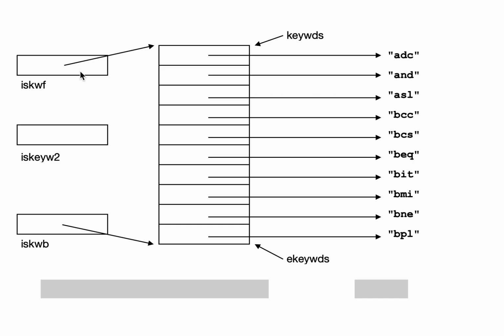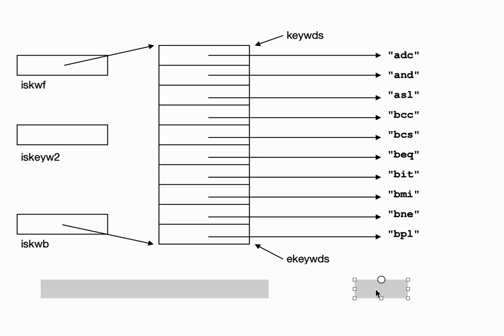What these do is they will contain pointers to the begin and the end of the part of the table that we are looking at to find our name, to see if it's a keyword. At the beginning of the binary search routine, isKWF is equal to keywords, and isKWB is equal to e-keywords, because we're searching the entire table. The entire table is under consideration to find a symbol.